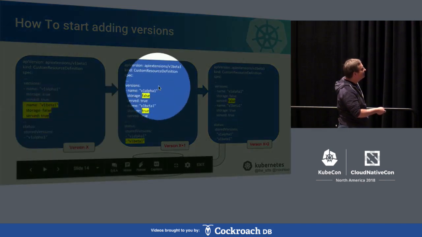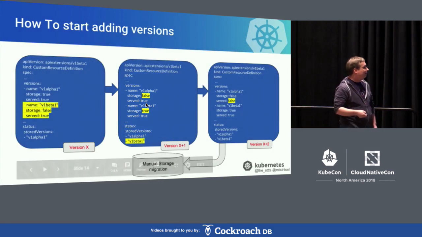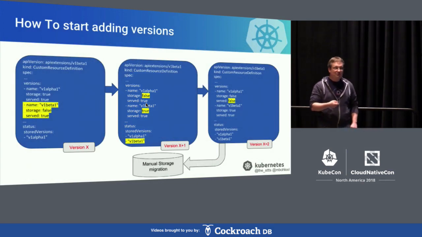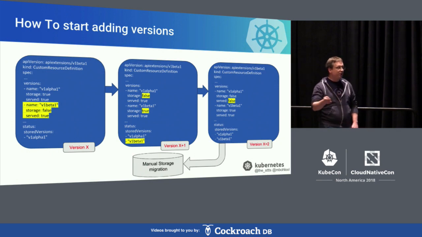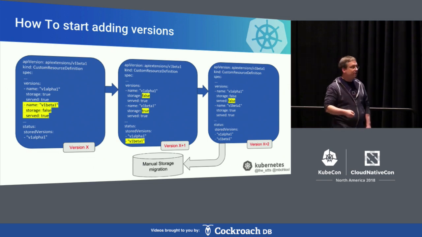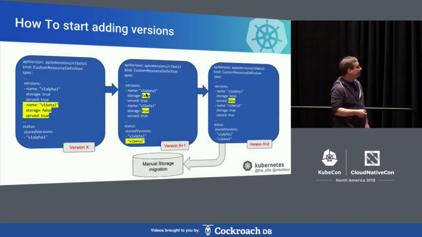So I switch here: v1alpha1 gets false, v1beta1 gets true. This will not have any effect on objects in etcd. etcd has objects in v1alpha1, and they stay there. It's just on write: if you update an object or create a new object, then the storage version has an effect, and everything written to etcd from this point on will be in the new storage version.